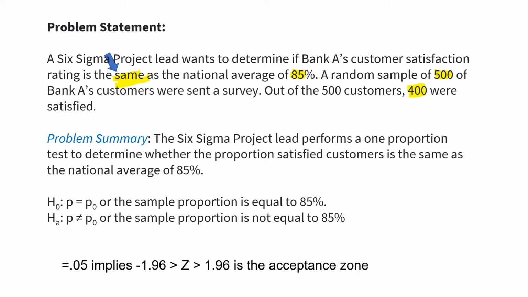That is what we are trying to statistically prove or disprove. So you have the null hypothesis, H0, which says P is equal to P0, or the sample proportion is equal to 85%, and the alternative hypothesis, which is the sample proportion is not equal to 85%, right?